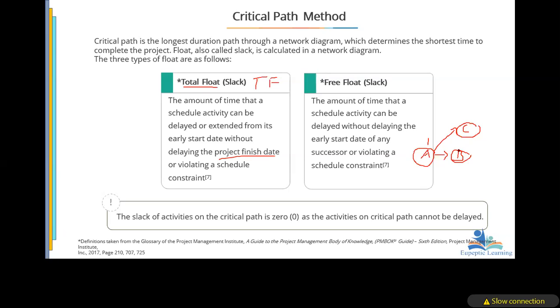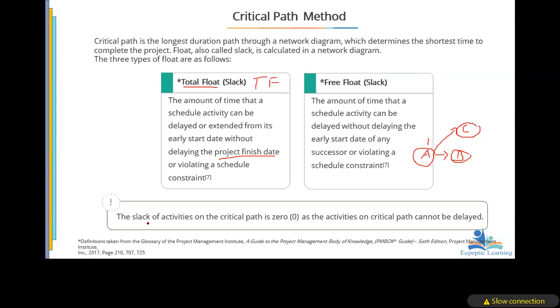Critical path, like I said, is the longest duration through a network diagram, and it also determines the shortest time to complete the project. Float, also called slack, is calculated in network diagrams. The total float on the critical path is 0. The reason is simple: you cannot delay the project any further than the duration of the critical path. So it will have no float.